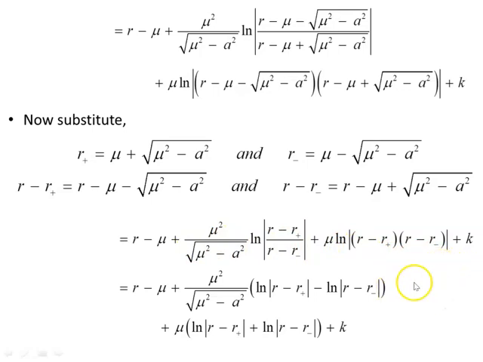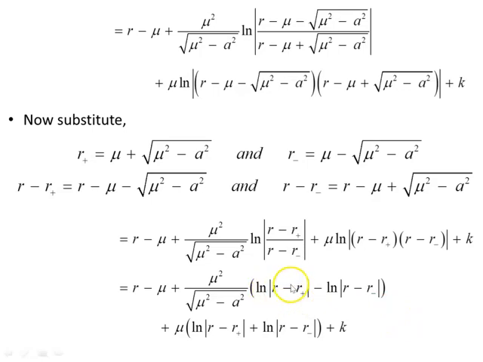Okay, we can now use the log laws because this object here can be expressed as the natural log of this minus the natural log of the bottom bit, the denominator. Okay, and same over here, we can use the log laws here. It becomes the natural log of r minus r plus, the natural log of r minus, and then we still have a constant of integration there. Okay, so we can start to combine things.